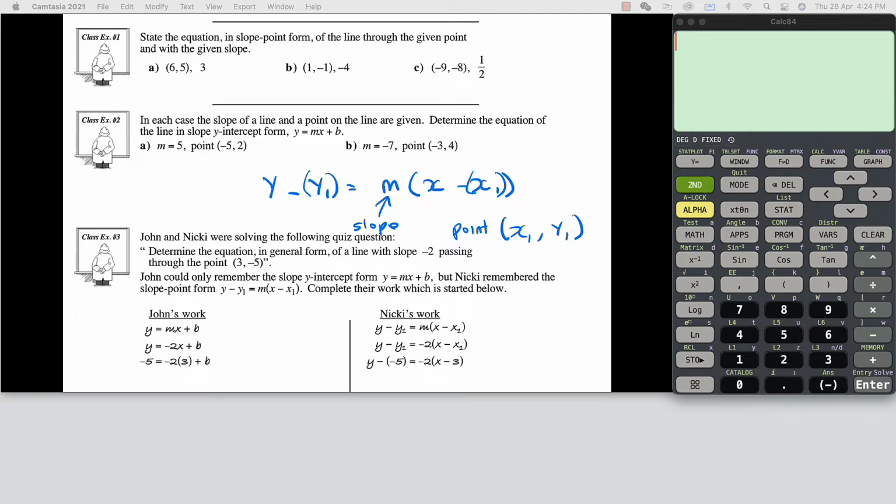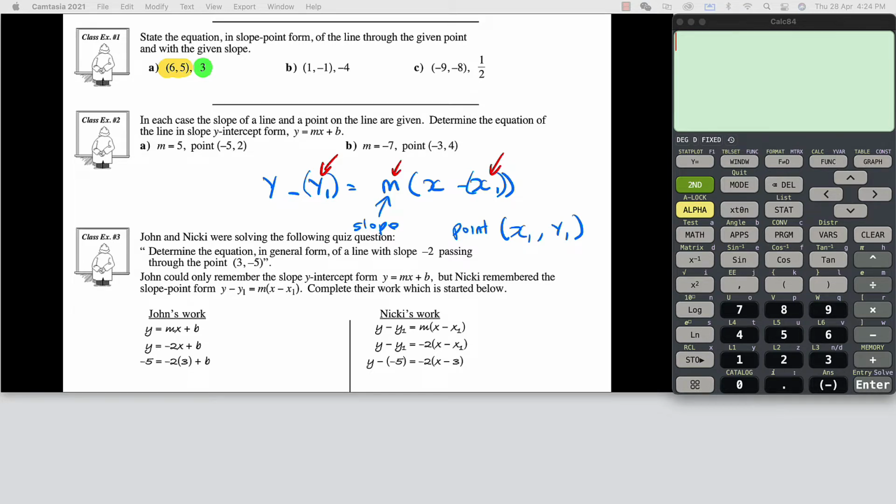So let's move right into it. It says state the equation in slope point form given a line that's going through a point and the slope. In part A, the point is 6,5 and the slope is 3. All we have to do is replace the y1, the x1, and our slope.